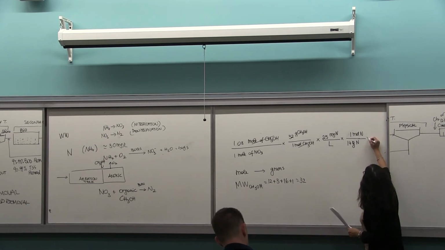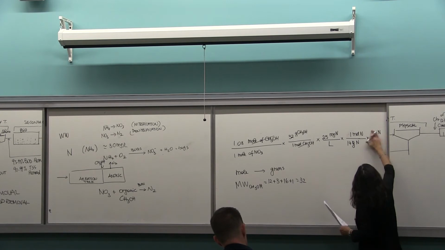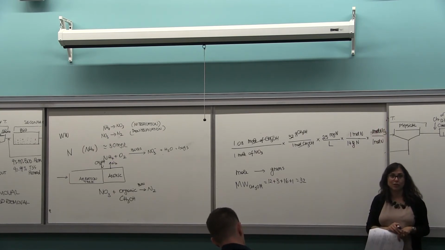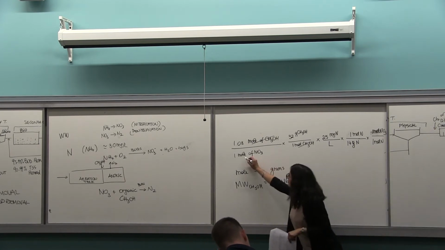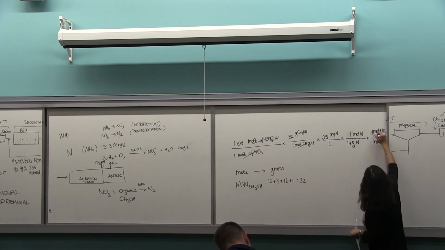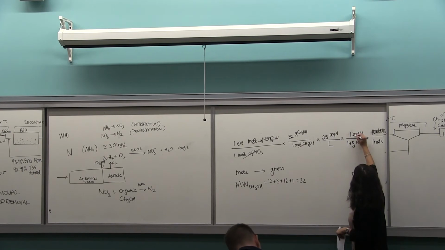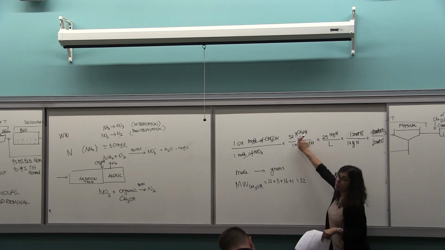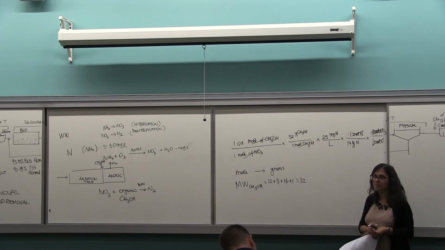So there is 1 mole of N, 1 mole of NO3, so that I can cancel out that mole of NO3. Mole of NO3, mole of NO3, mole of N, mole of N. I have gram and gram, so those gram go away.